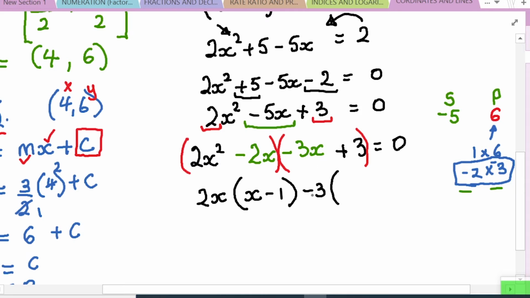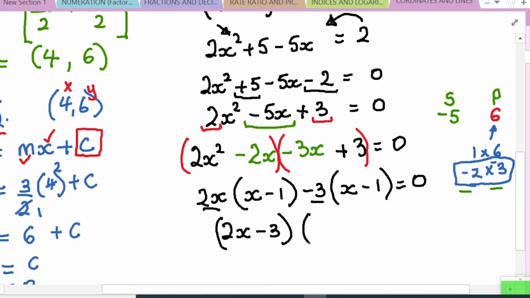Negative 3x divided by negative 3 gives us x. Then positive 3 divided by negative 3 gives us negative 1, equal to 0. So from here we know that 2x minus 3, these are the terms that are outside the brackets here, in 2x minus 1 is equal to 0.